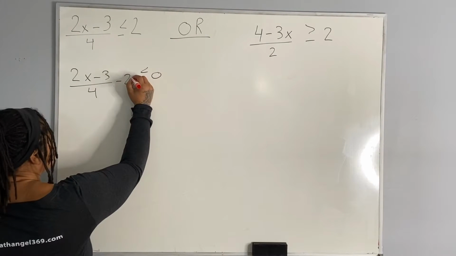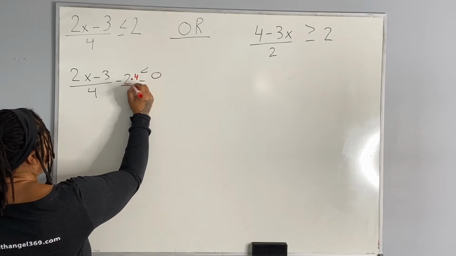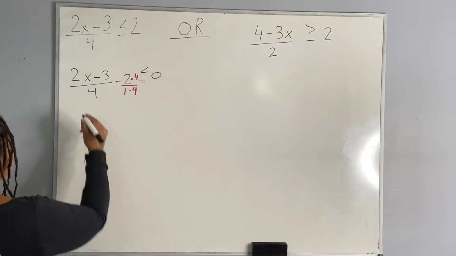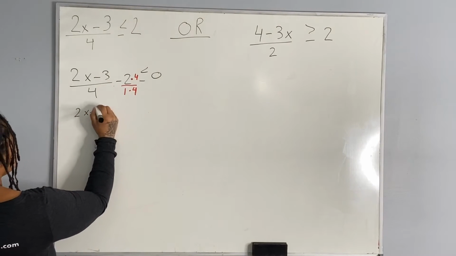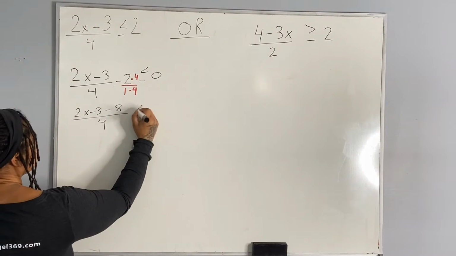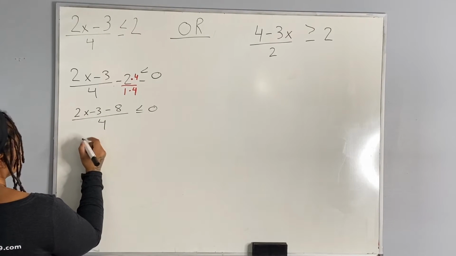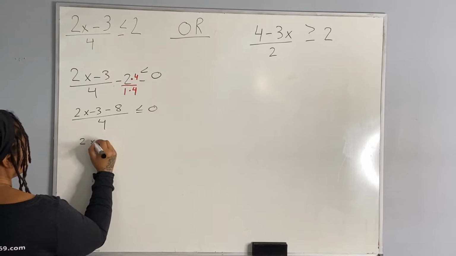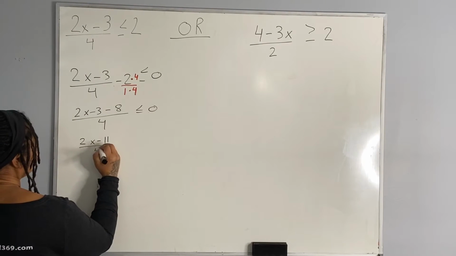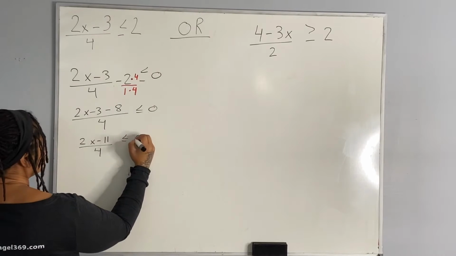So I'm going to multiply the top and the bottom by a 4 in order to get a common denominator. So we have (2x minus 3 minus 8) all over 4 is less than or equal to 0, which means we have (2x minus 11) over 4 is less than or equal to 0.